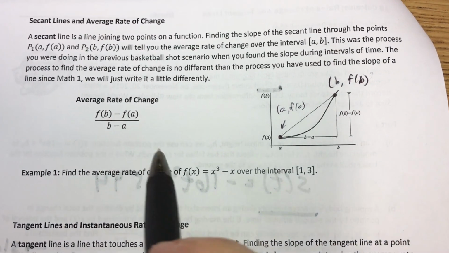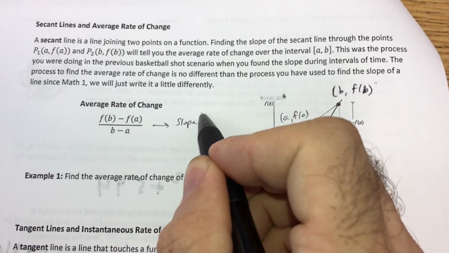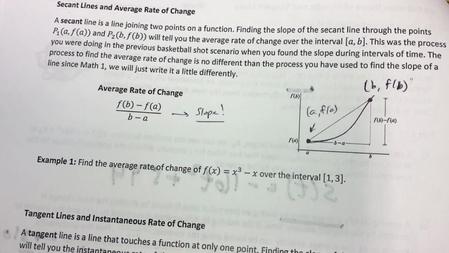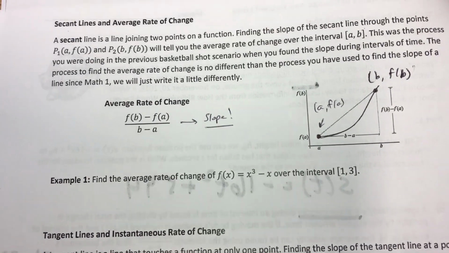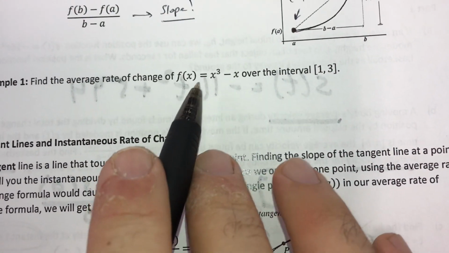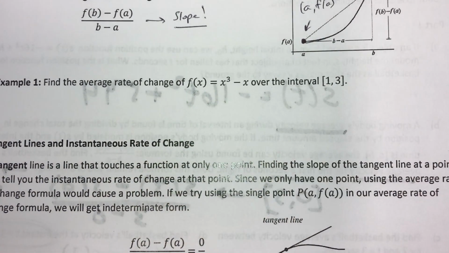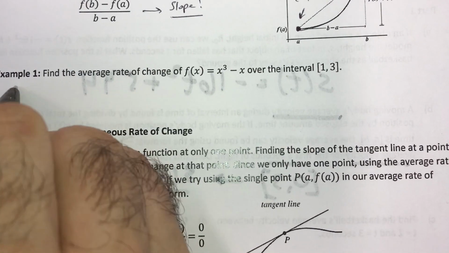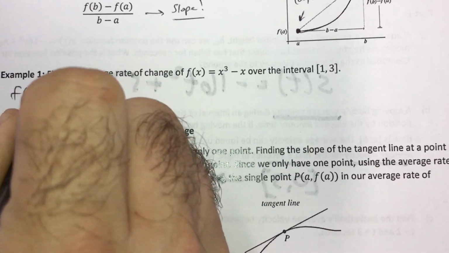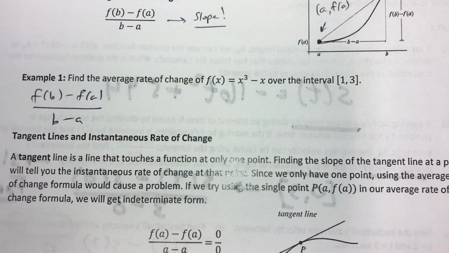If I want to find the average rate of change, I'm simply using slope between 2 points. That's all this is. The average rate of change of a function is slope. So let's figure out what that average rate of change would be. If I look at, say, a function like x cubed minus x over the interval 1 to 3, I would use f of b minus f of a all over b minus a, the average rate of change formula.